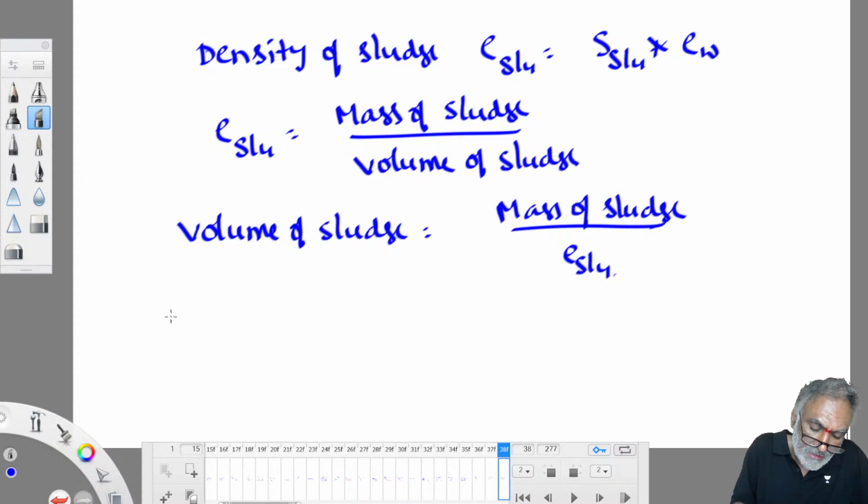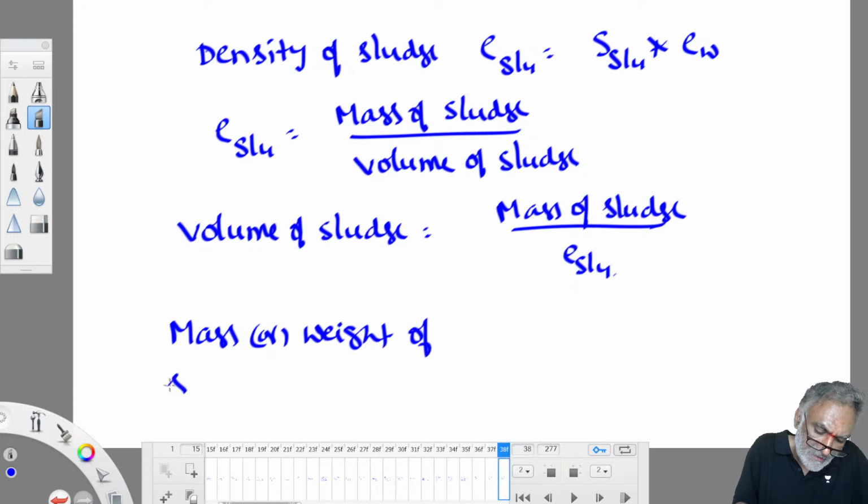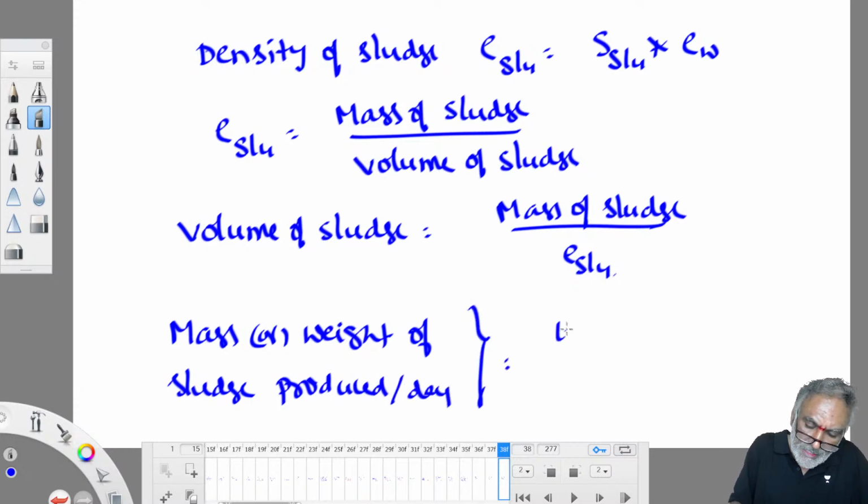So you have to find out this mass of sludge and volume of sludge. This mass or weight of sludge produced per day is equal to 100 by (100 minus P) into M kilograms produced every day.